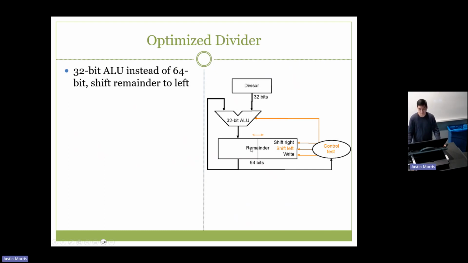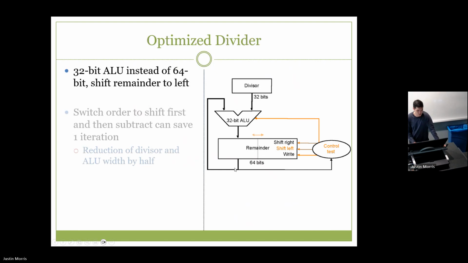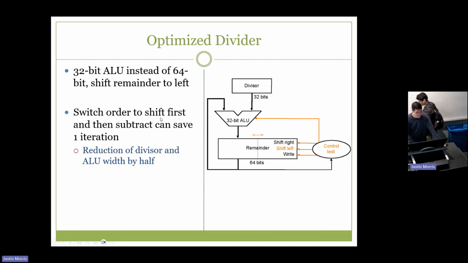And our quotient can also be stored in the remainder register. So we basically switch the order to shift first, and then subtract, saving 1 iteration. It is going to reduce the divisor and the ALU width by half.